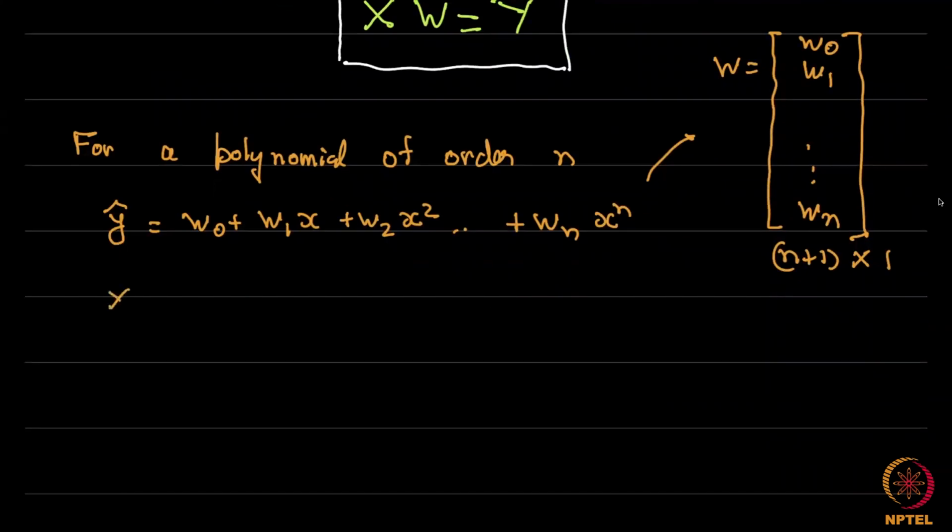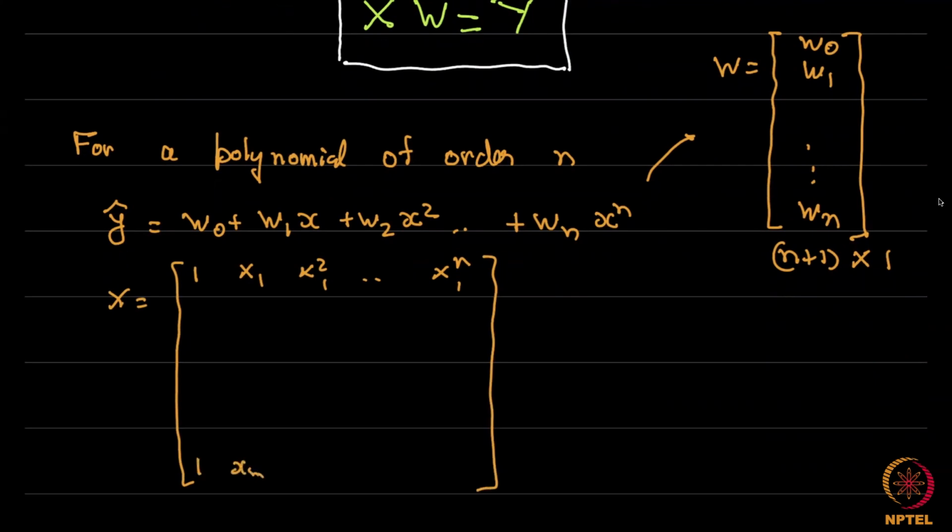Similarly, X is going to be 1, x, x square till x power n, and so on up to 1, xm, xm square till xm power n. So if you look at this, X is a matrix of m rows and n plus 1 columns, and y hat and y are both m cross 1 matrices.